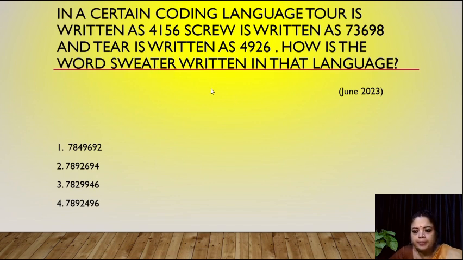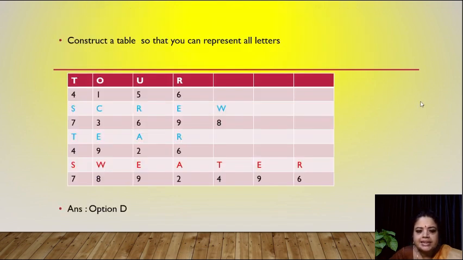Once we get this type of question, we need to construct a table where you can represent all these letters. So you can see here tour is represented as 4156, and we just allocate the number of columns depending on the question. Here the last word sweater has a larger number of columns, so you allocate the table based on that.